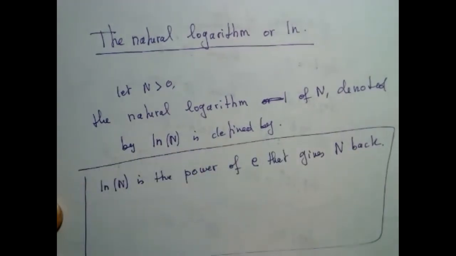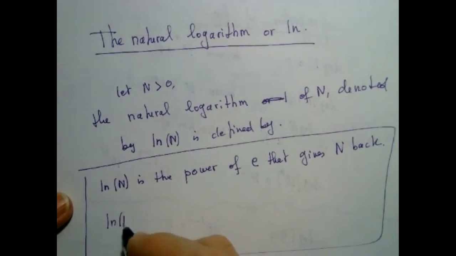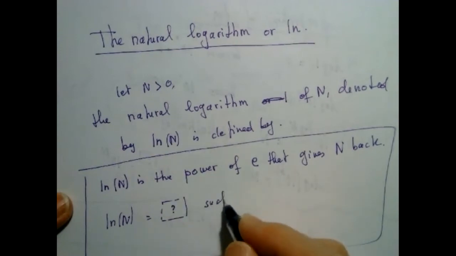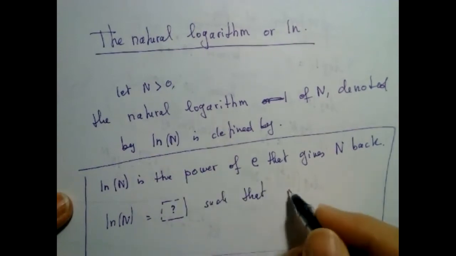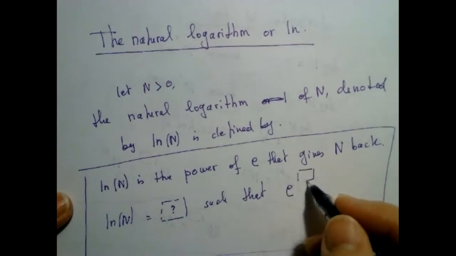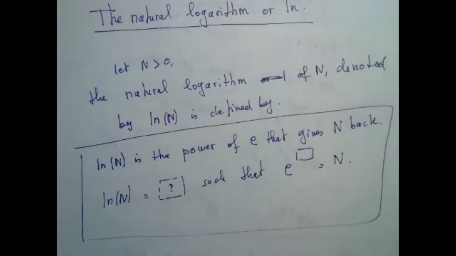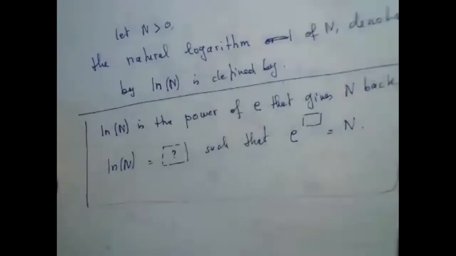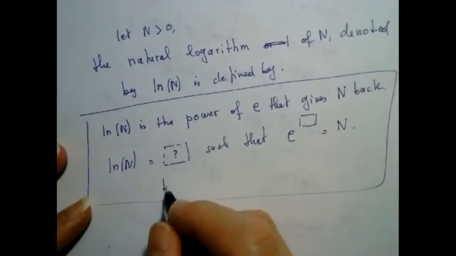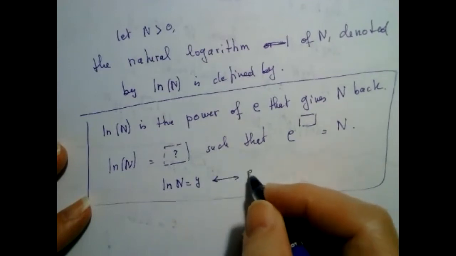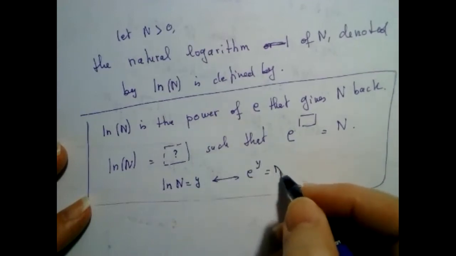In other words, ln of n is the number, the box, such that if I take e to this box, I get n back. Mathematically, ln of n equal to y means that e to the y equals n.